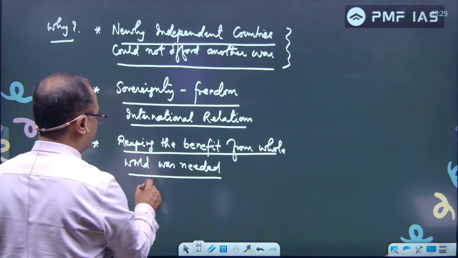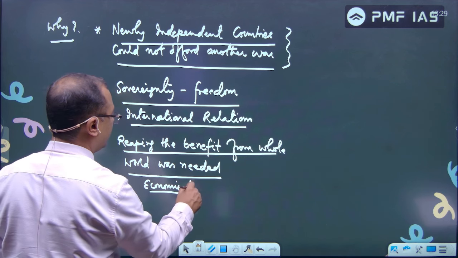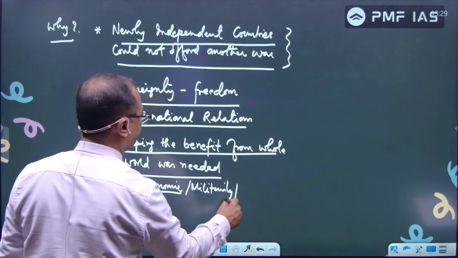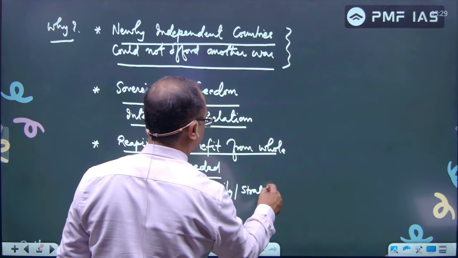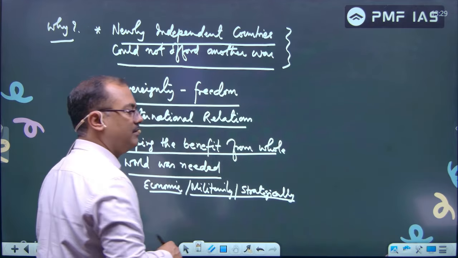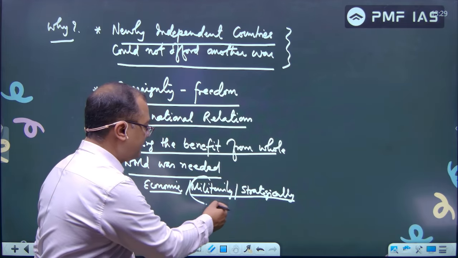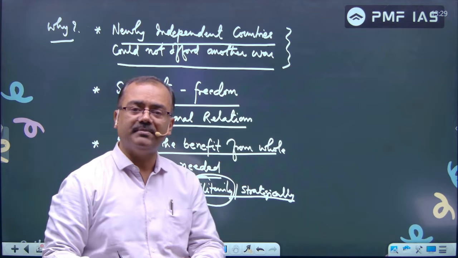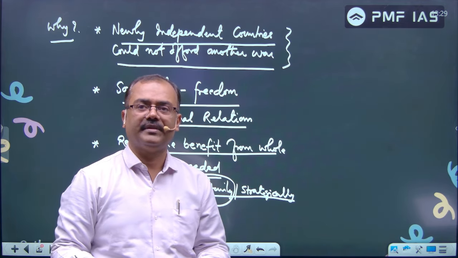Why? On the economic front, economically, militarily, strategically. Although non-alignment would not lead towards military support, at least for developing some basic infrastructure, help could be needed.